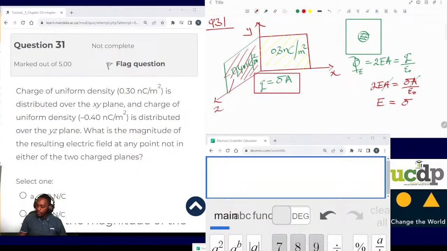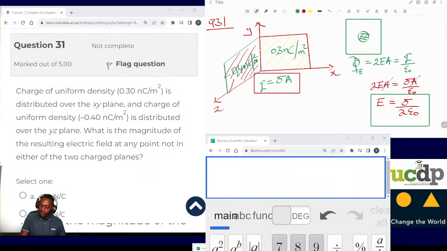So this becomes sigma over 2 epsilon naught. Okay. So this is how we can then calculate the electric field resulting at each of the planes. This you already know. This is the electric field at each of the planes.